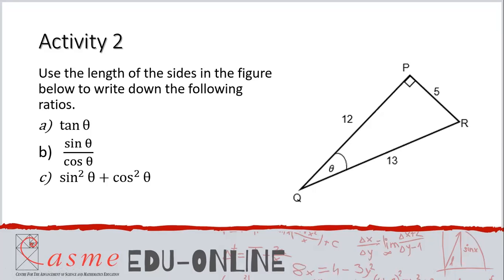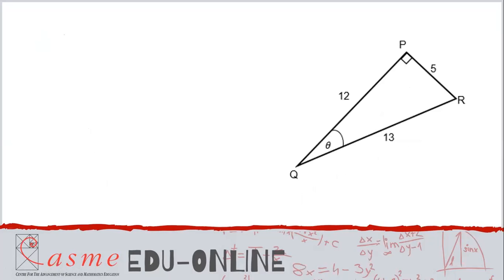Now, I'll give you a few minutes to see if you can write the tan of theta. The tangent of theta. Okay, well, I know it was just seconds, not minutes. But here's my diagram.